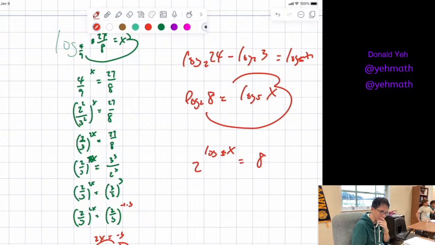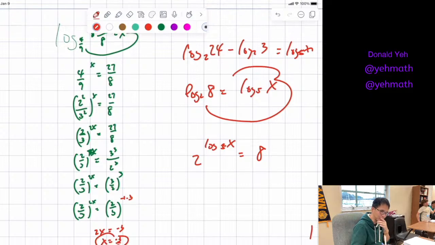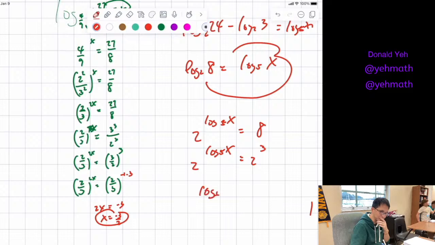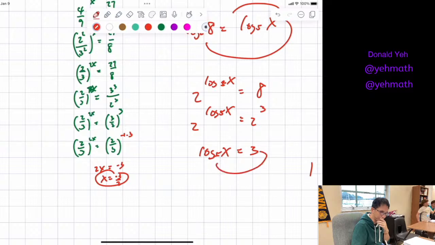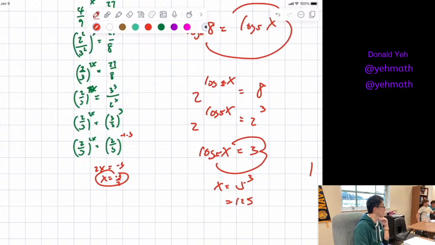Then you turn 8 into 2 to the third so they have the same base, and set the exponents equal, so log base 5 of x equals 3. Then x is 5 to the third, which is 125. I like that. It's a new perspective.